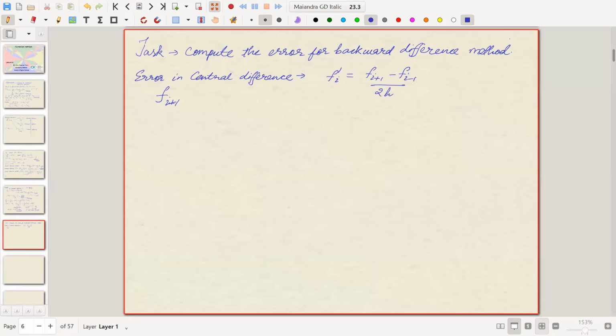That means we need f i plus 1 and f i minus 1. So f i plus 1 is f of xi plus the step size h. Now you can use your Taylor series. It will be f of xi plus h f dash of xi plus h square over 2 f double prime of xi plus so on.